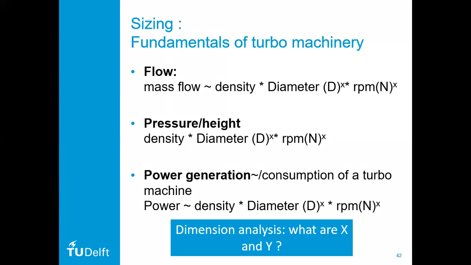Now, if you make it a little bit simple, the mass flow of a turbine is something like the density times dimension times RPM. And the same goes for the pressure. Well, I think I can ask you the question, but I can work it out easily.